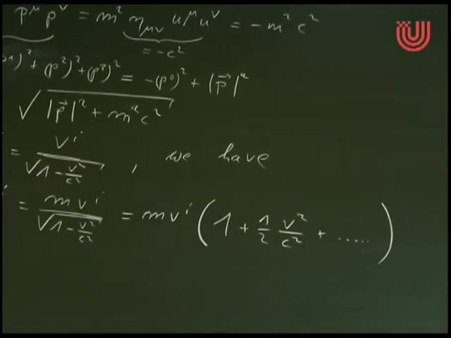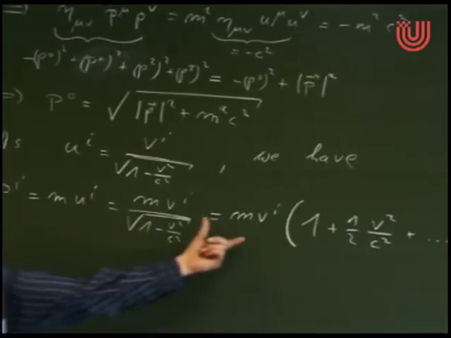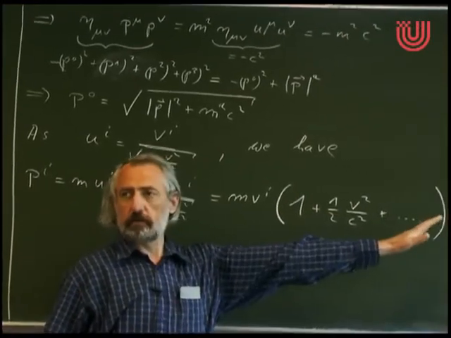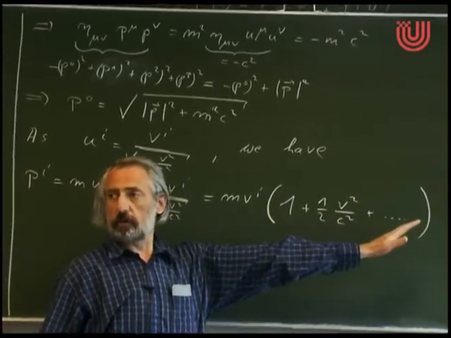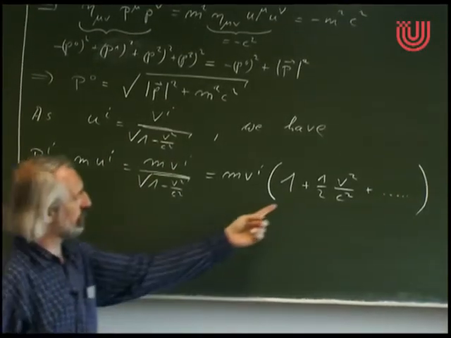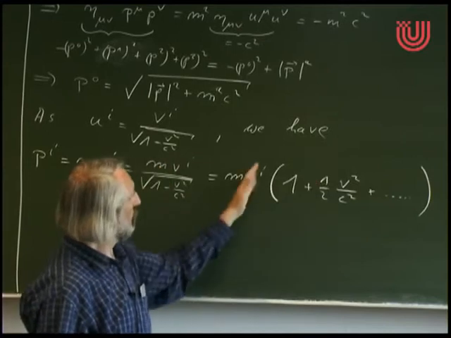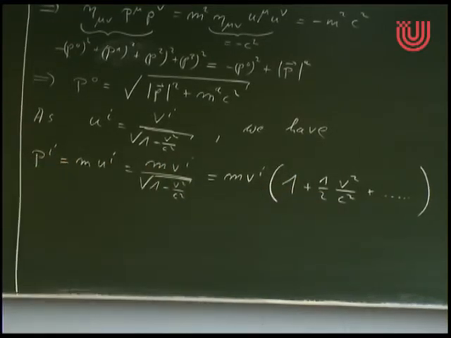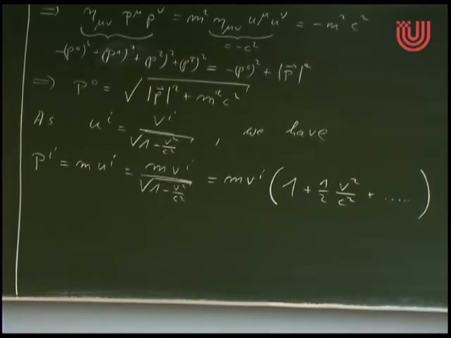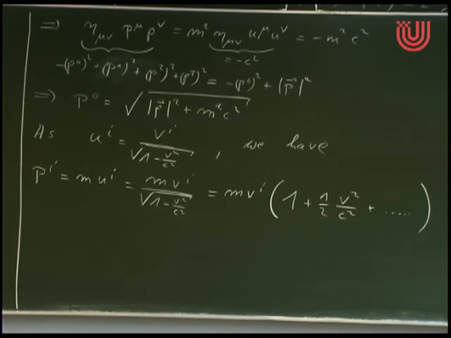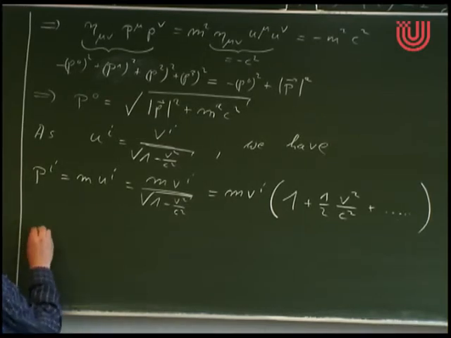So you see the non-relativistic formula pi is m vi only holds if these terms can be neglected, if from the quadratic order on, all terms can be neglected. So if the velocity is small in comparison to c, then this is true, and then we can work with a non-relativistic formula. But if the velocity comes closer to the speed of light, then we can no longer do this.